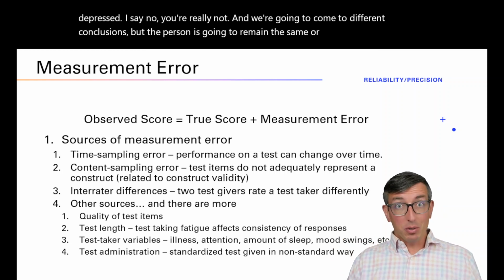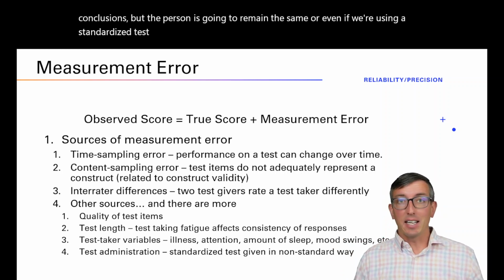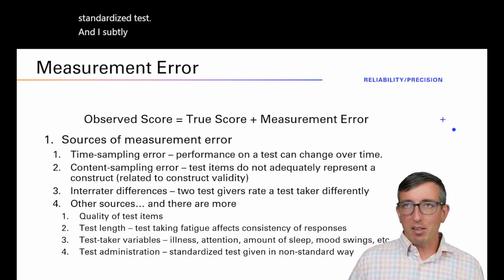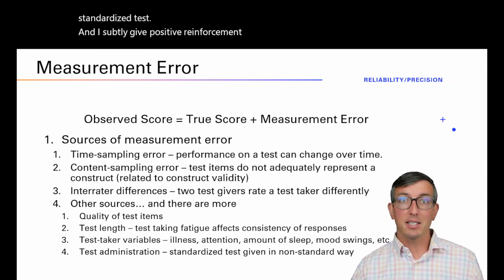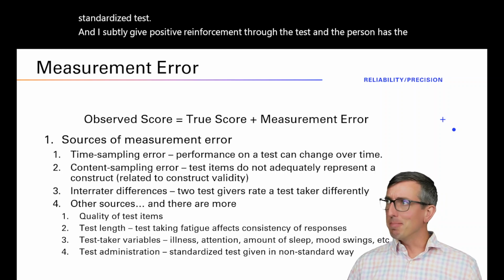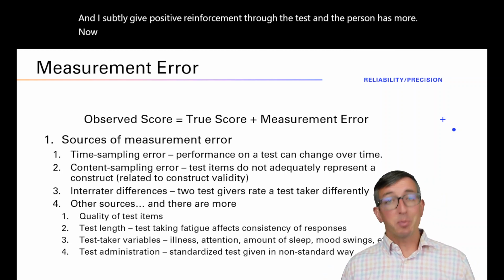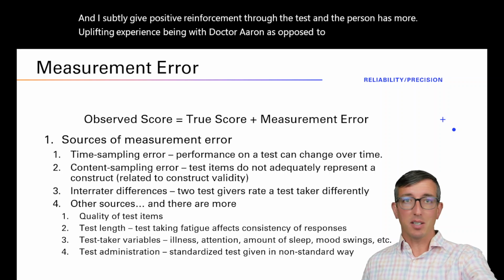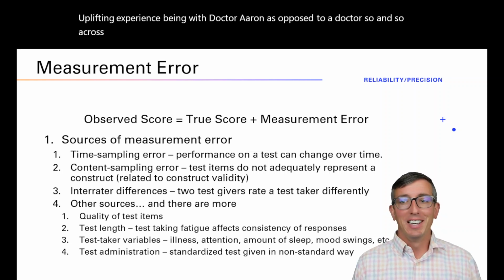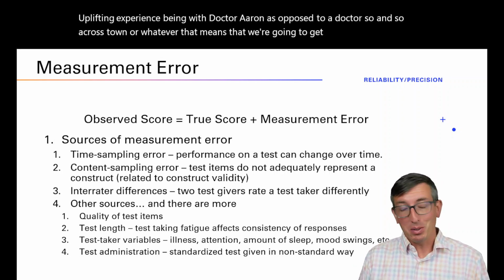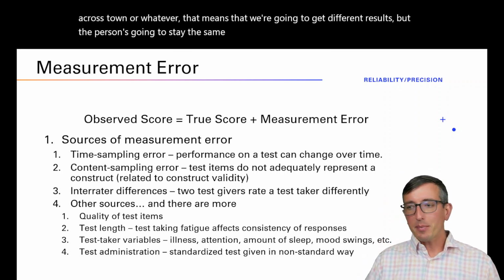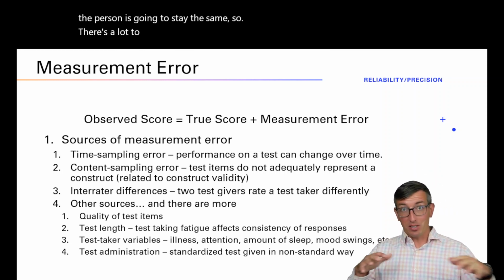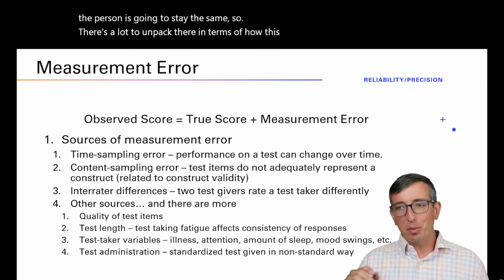Or even if we're using a standardized test and I subtly give positive reinforcement through the test and the person has a more uplifting experience being with Dr. Aaron as opposed to Dr. So-and-so across town, that means that we're going to get different results, but the person's going to stay the same. So there's a lot to unpack there in terms of how this happens in clinical practice.